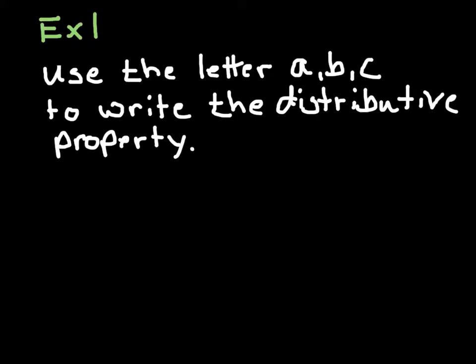We're just going to give a very general definition of the distributive property using an actual example. It says use the letters A, B, and C to write the distributive property. So I'm going to take the letter A and then take the letters B and C and write it like this: A(B + C).